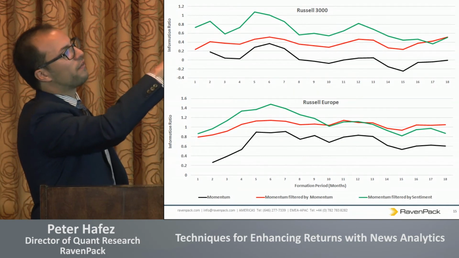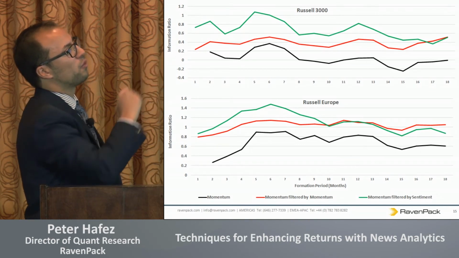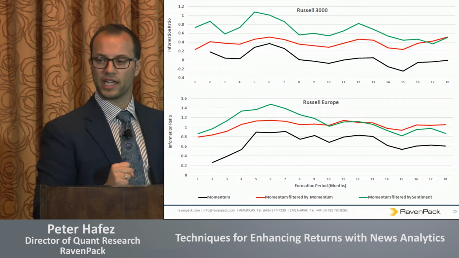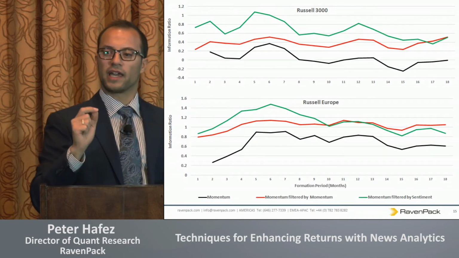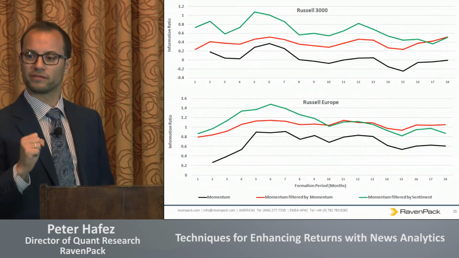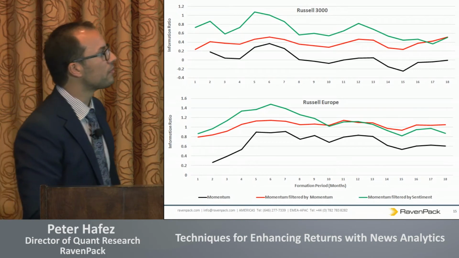But we are very much in line with the momentum-filtered momentum if you go beyond formation periods for momentum itself of more than 10 months. But again, as I mentioned, the red line has been severely favored here. So sentiment is generally more consistent.